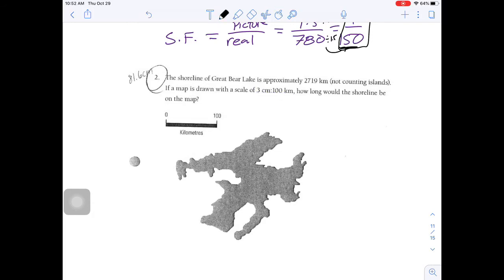Okay, so it looks like we put drawings on the top and real life distances on the bottom. So this is drawing over real, which would be 3 centimeters over 100 kilometers. Since we did not use the same units, you have to keep units consistent, okay?